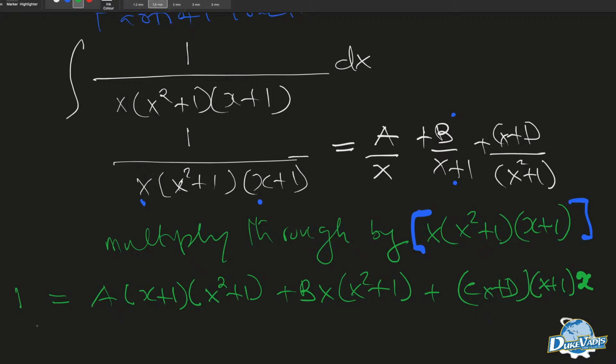We have 1 is equal to a, x squared plus... let's clean it and use a sharper pen.